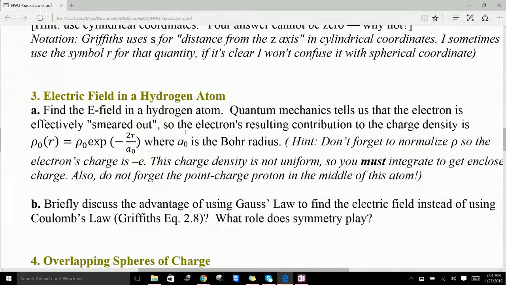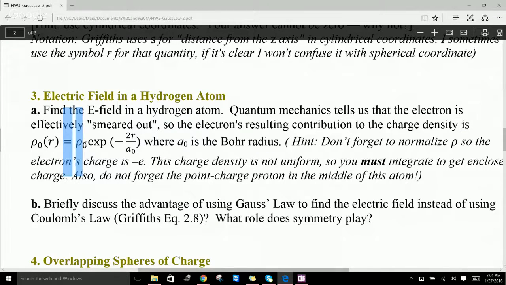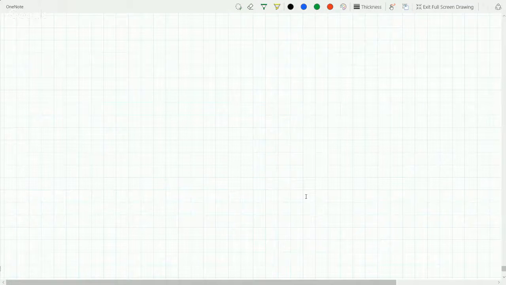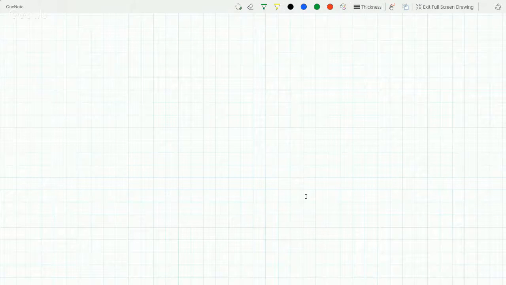So the first step is we're going to find what that normalization factor rho zero is for that charge density. So if I may write it out, this is number 3.